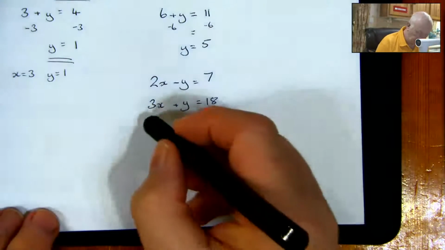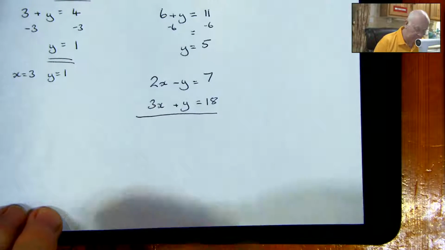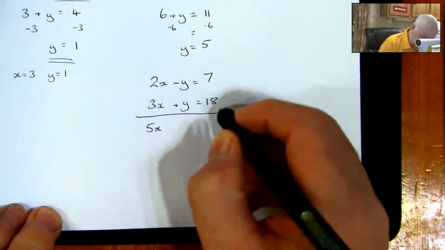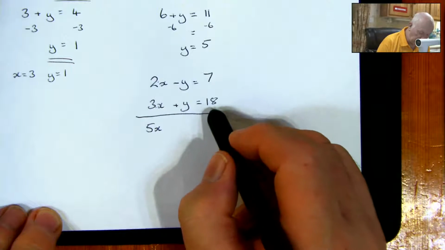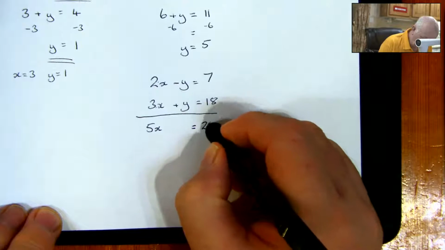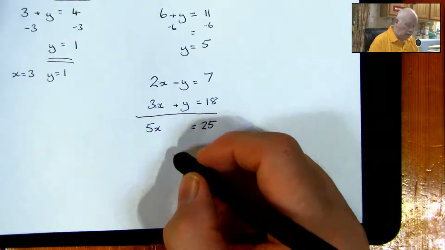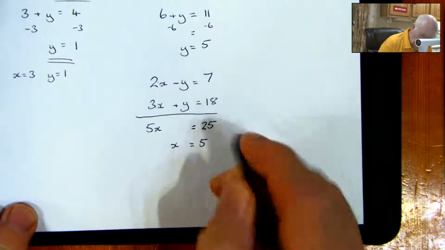So we're going to eliminate the y's by adding. 2x and 3x is going to give me 5x, and we're going to have 7 plus 18, and that's going to give me 25, and we could manage to work out that x is going to equal 5.